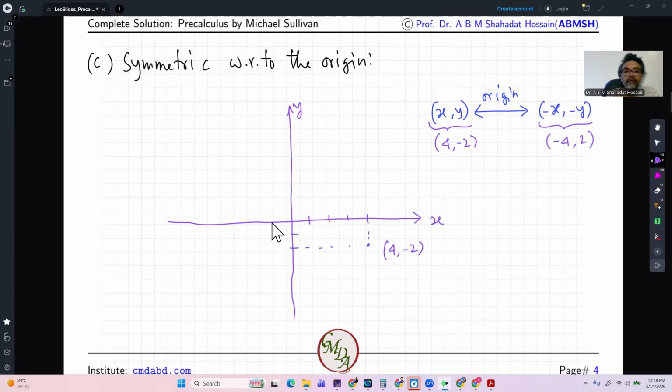Then minus 4: 1, 2, 3, 4, and 1, 2. So along the x-axis to the left minus 4 units and 2 units up. We have our desired point minus 4, comma, 2.